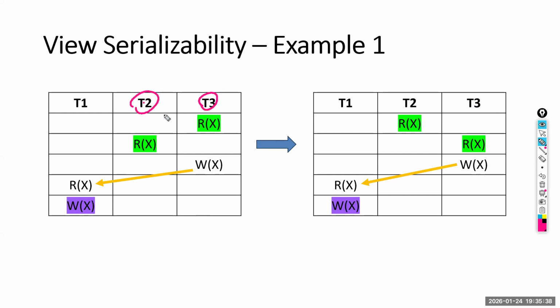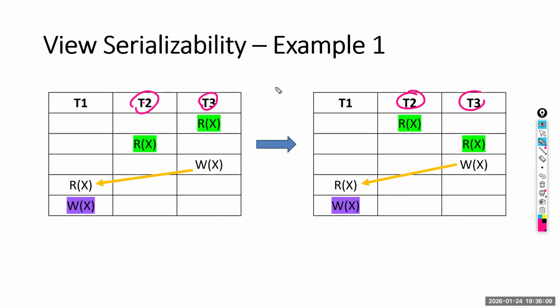The initial read is who reads it before it is changed. The sequence of the two is not important. Who reads? T2 and T3. Here in this schedule also T2 and T3. So the initial reads are done by T2 and T3 in both. Whether it's first T2 or first T3 does not matter.